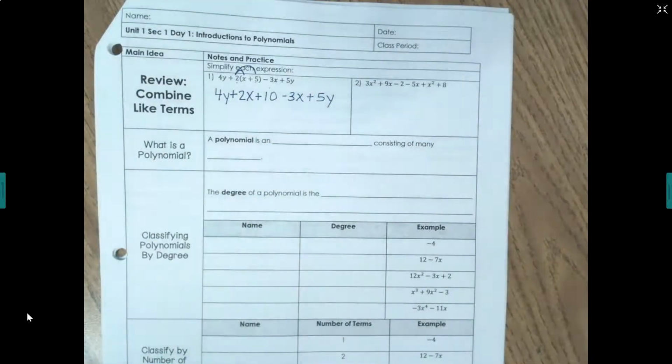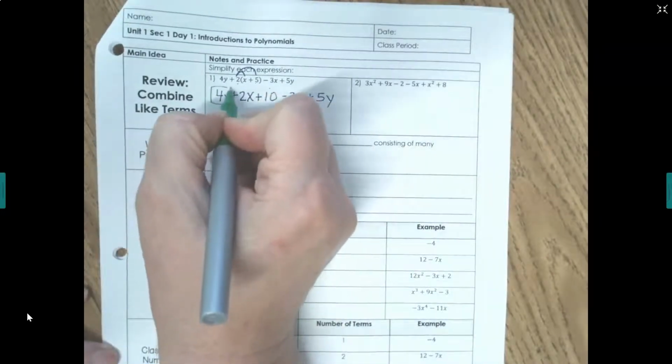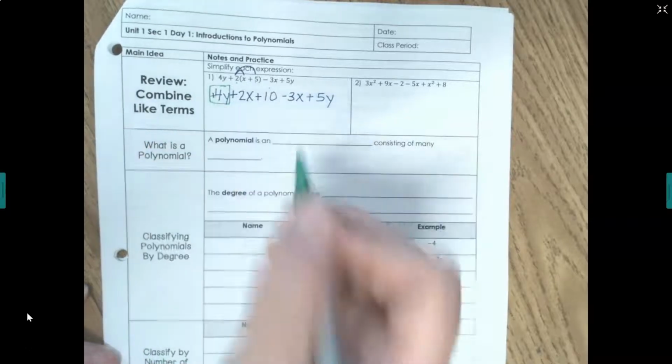All right, so like terms, you want these terms to be exactly the same. So let's take a look at what we've got. Our first term is 4y, so I'm just going to put a box around it. Really, there's a positive sign in front of it because there's nothing listed there.